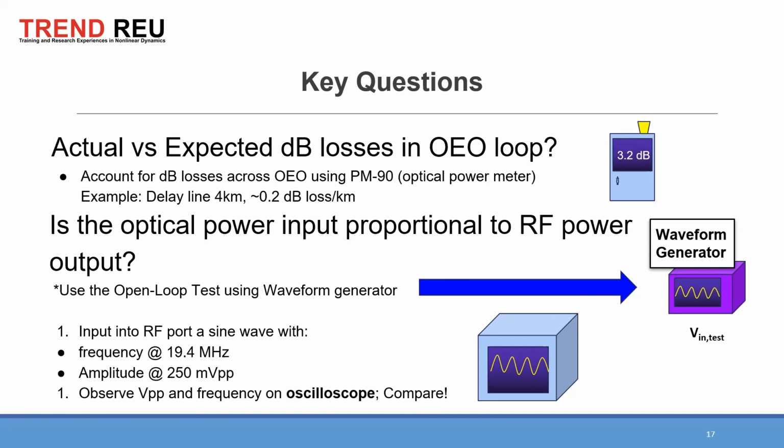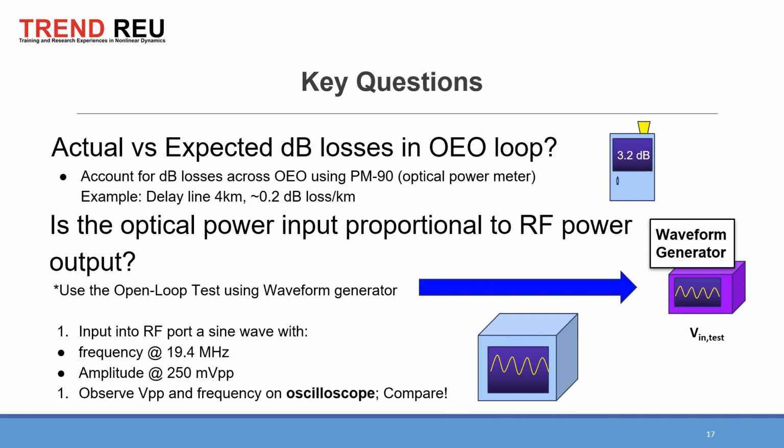We used an optical power meter to measure the power at various points in the loop and to see how much loss there was between connectors or between different parts and if it was reasonable. For example, for the delay line, the expectation is a 0.2 dB loss per kilometer. And we saw roughly about that much.